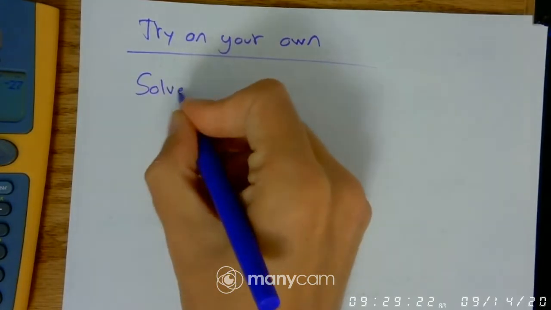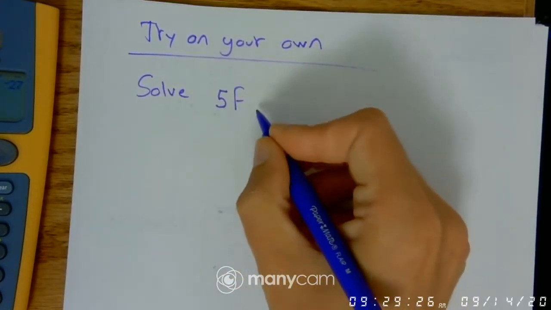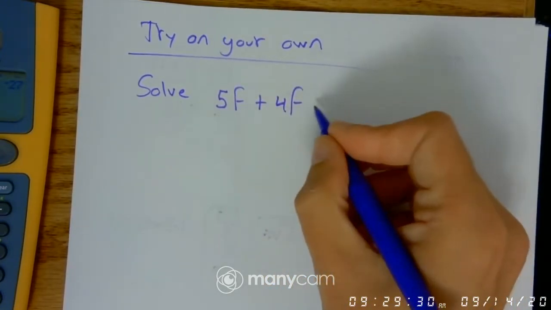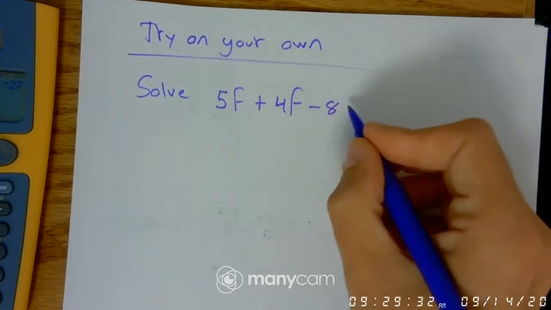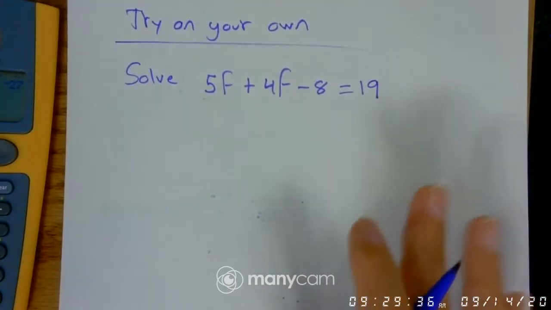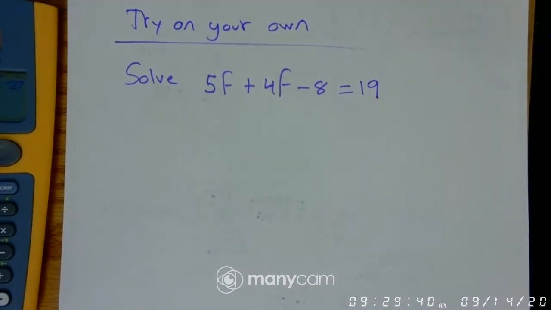We're going to solve 5f plus 4f minus 8 equals 19. Okay, so remember, there's two sides to your equation. If you need to combine like terms on one side, you can do that.